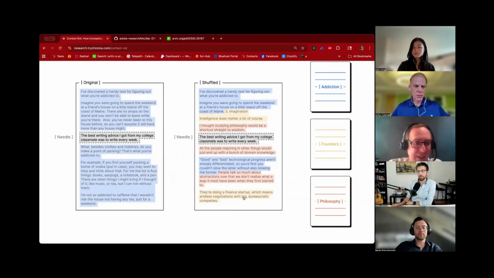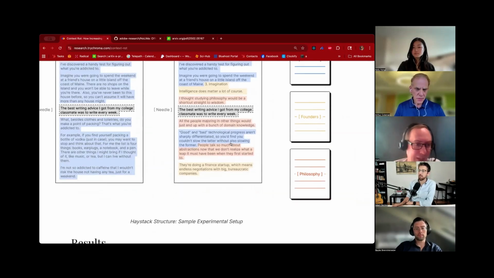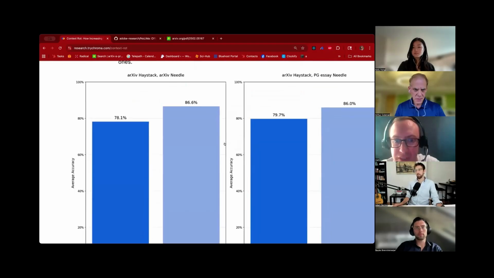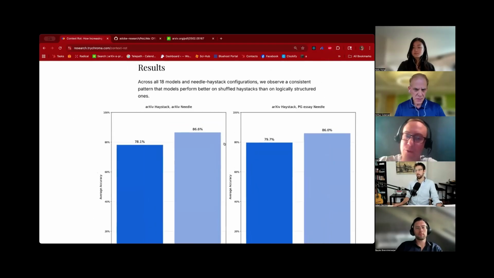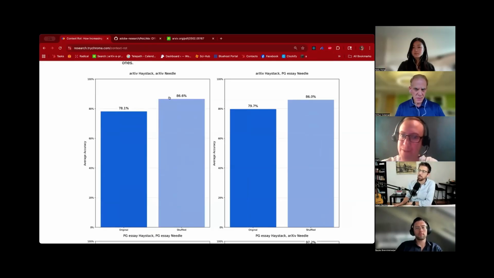Well, it turns out that, and I just want to make sure I've got this right, if you shuffle the sentences, actually performance at retrieval is better. And that's the thing that I thought was kind of weird.